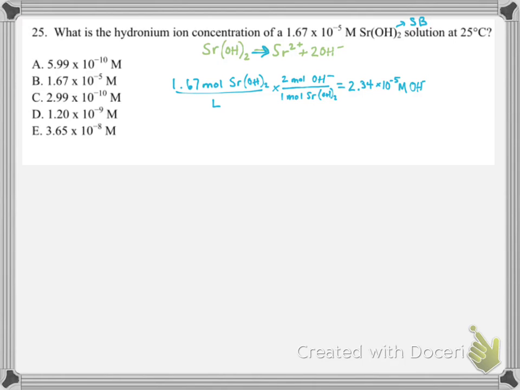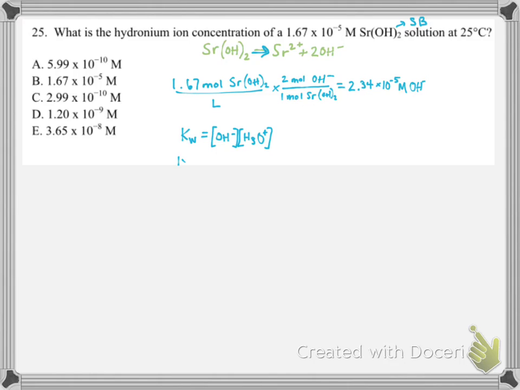Okay. And so we can go ahead and use the relationship where Kw is equal to the concentration of OH minus, which we have, times the hydronium ion concentration, which is what we're trying to find.